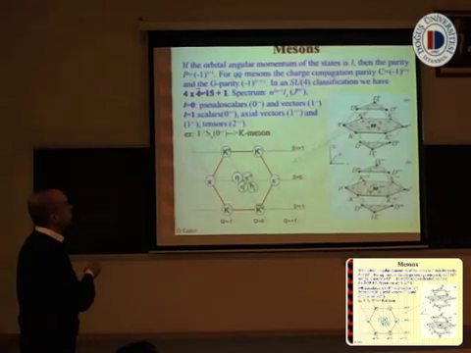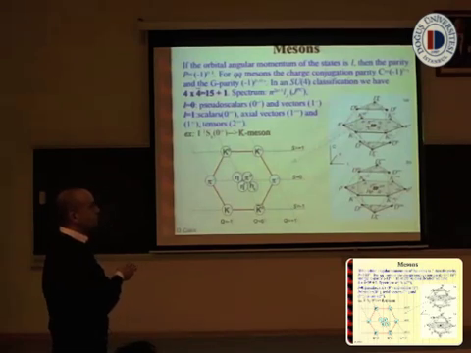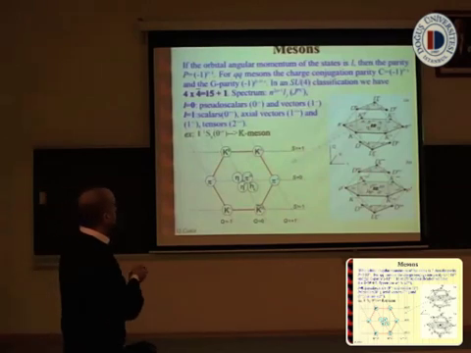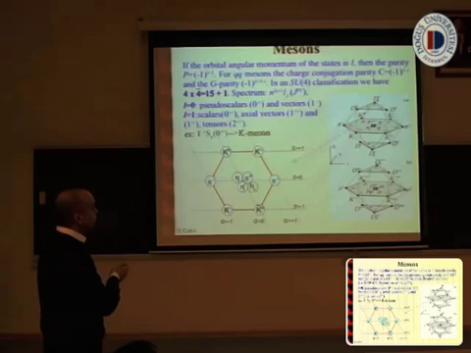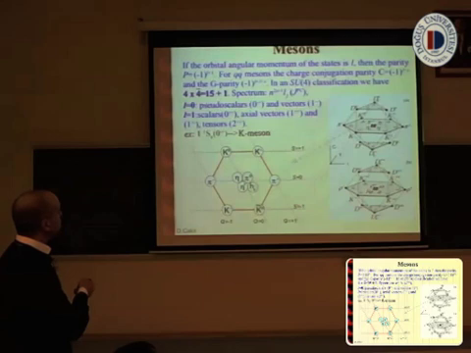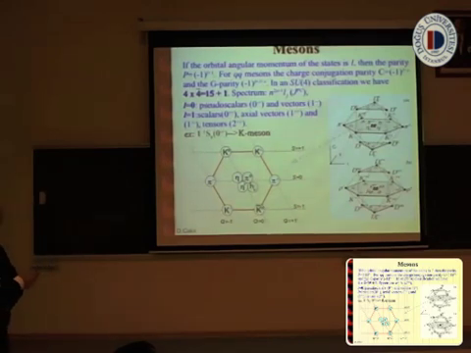For QQ bar mesons, the charge conjugation will be C equal to minus 1 to the L plus S. And the G parity gives here. According to the SU4 classification, we have the decomposition here, 15 plus a singlet. And the spectrum will be given in this formula.